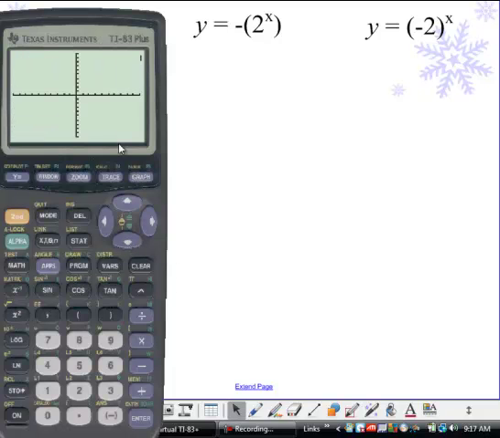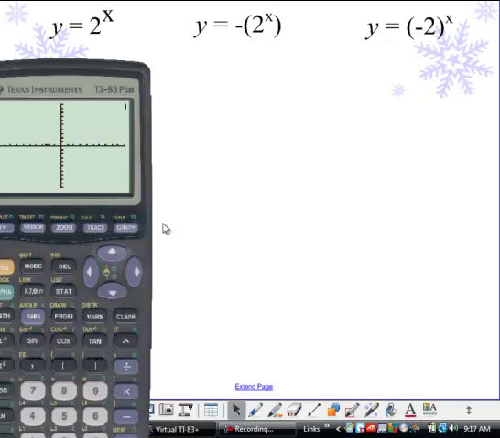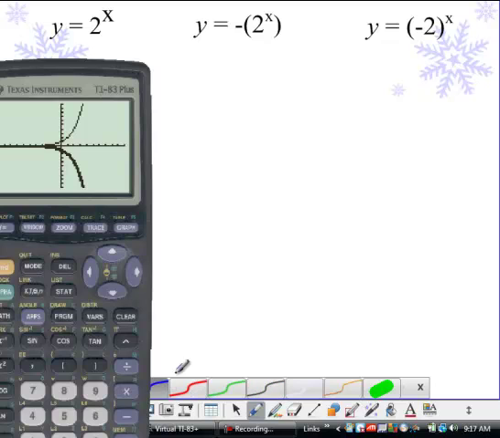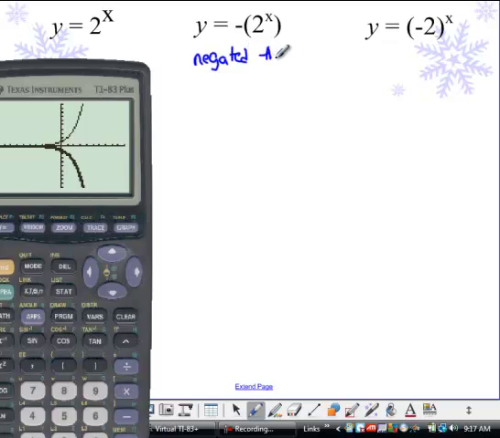Let's graph those. There's my original. And here's my next one. Hey, this one's a little funky. Oh, but that's right, you get it now. See here, I negated the y value. So it flipped over the x-axis.